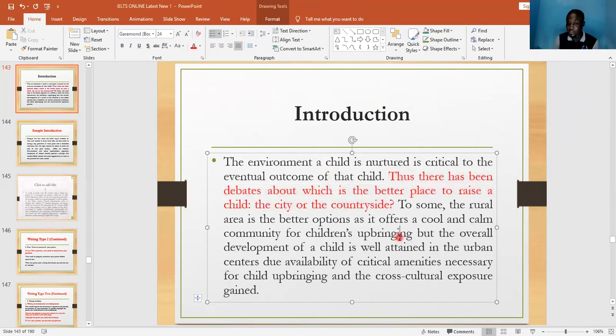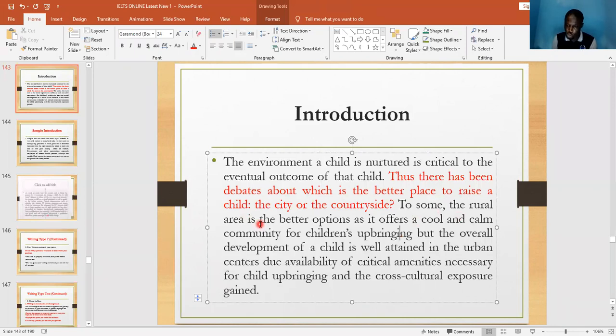Thus there has been debate about which is the better place to raise a child, the city or the countryside. Now I have captured the question, and now I want to raise my points. I want to introduce my point. To some, the rural area. Now I raised a reason because it makes your arguments better when you are able to raise a reason for the opposing idea.